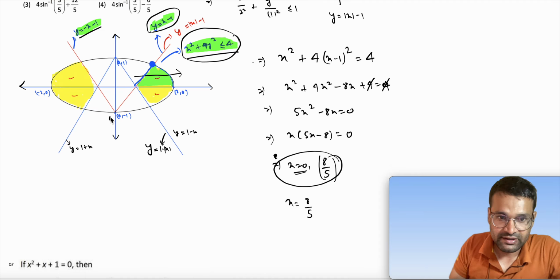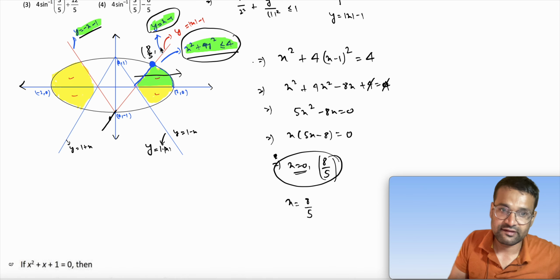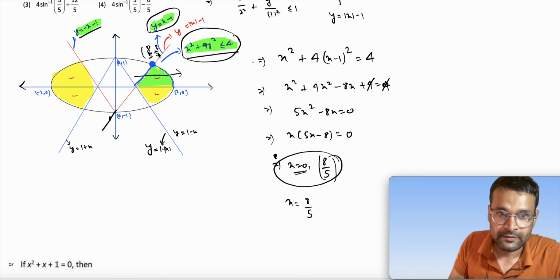So 0 was here because this line was intersecting here also, and this is 8/5, the x coordinate. So the y coordinate is simply you subtract 1, and you get 3/5. Okay, the y coordinate you simply put in this equation.